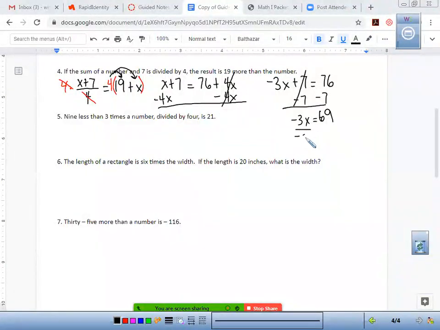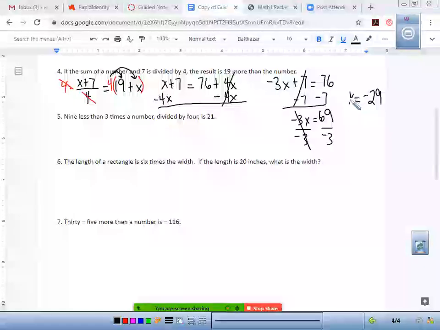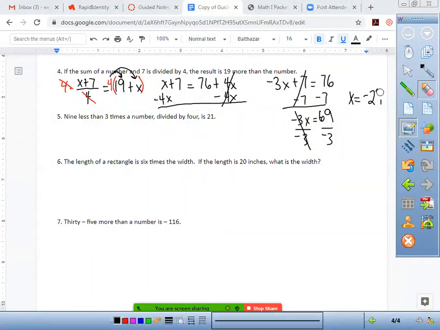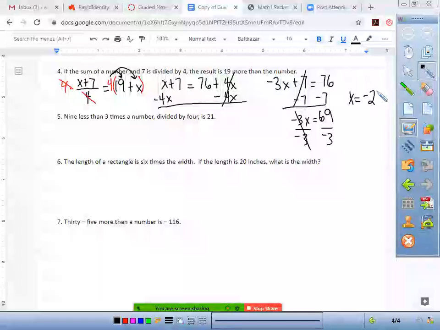And we're going to divide by negative 3. And I know my answer is going to be what? It's going to be a negative. And you said a negative 29. Is that right? Negative 23? Yeah, I don't think so. I might have heard you wrong. These masks make it hard to hear.